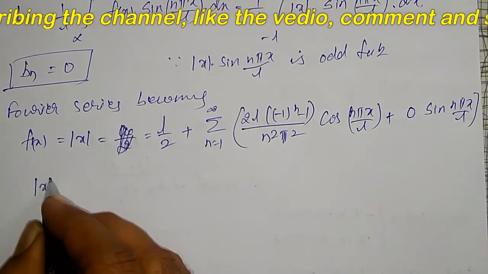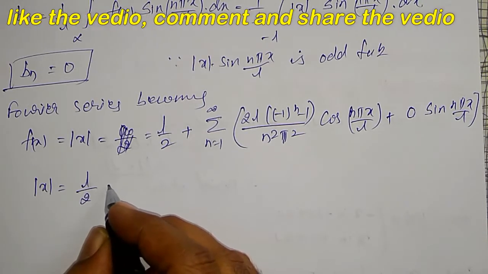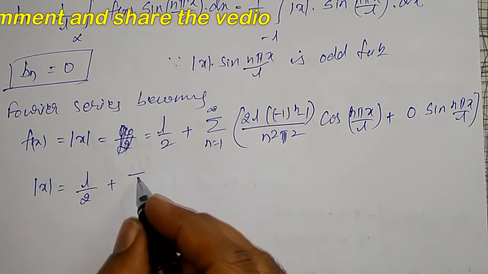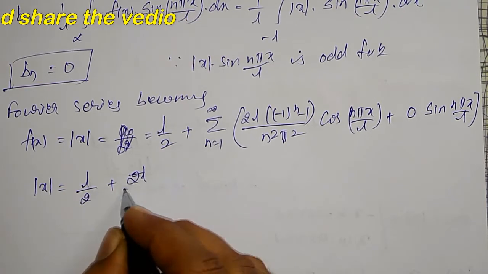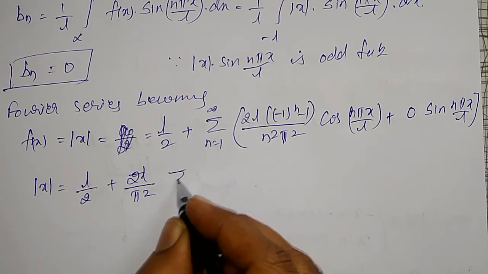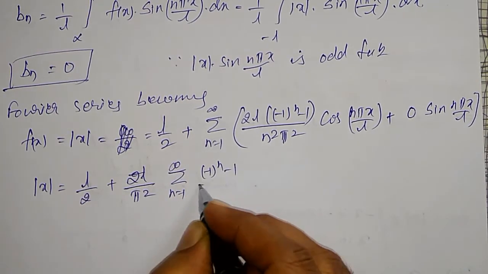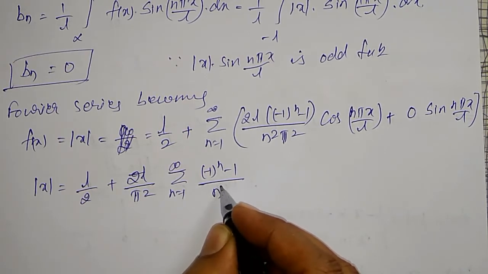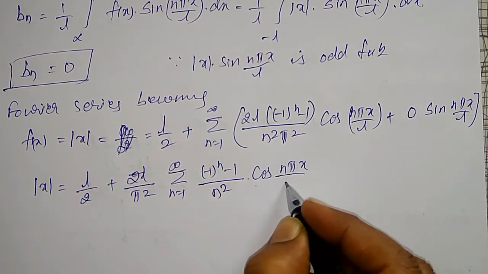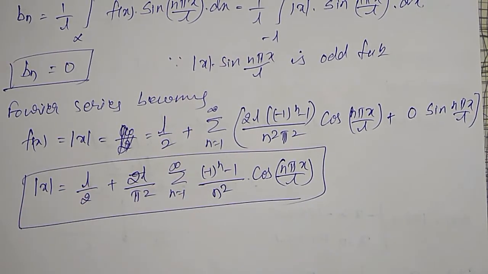Or mod x equals L by 2 plus, I can write 2L divided by pi square outside, summation n equal to 1 to infinity minus 1 raised to n minus 1 divided by n square into cos n pi x by L. This is the required Fourier series.